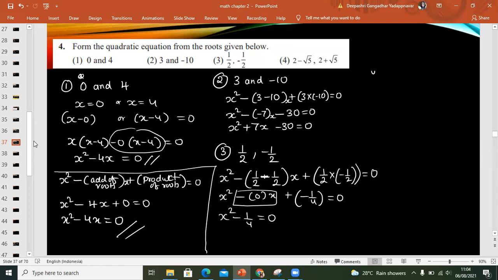And the last question, question 4, 2 minus root 5 and 2 plus root 5. x square minus addition of the roots, that is 2 minus root 5. Okay, let's solve this on the next slide because the space is less here.